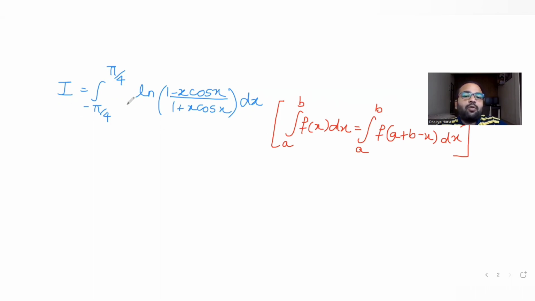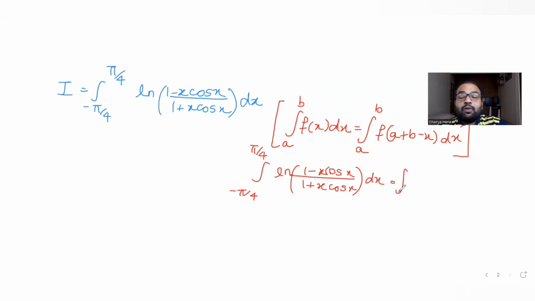Same idea for this integral from minus pi by 4 to plus pi by 4 of log of (1 minus x cos x) upon (1 plus x cos x) dx, with the same limits, now the function becomes f of (minus pi by 4 plus pi by 4 minus x) dx.